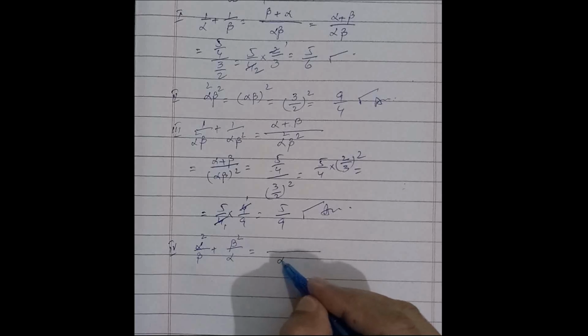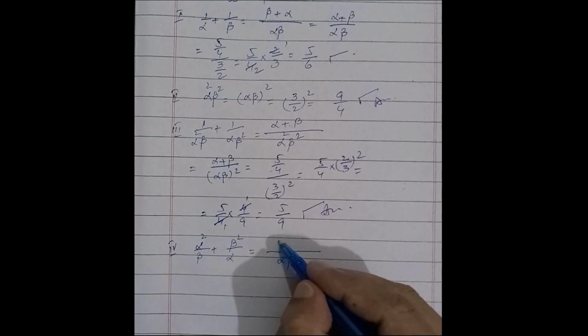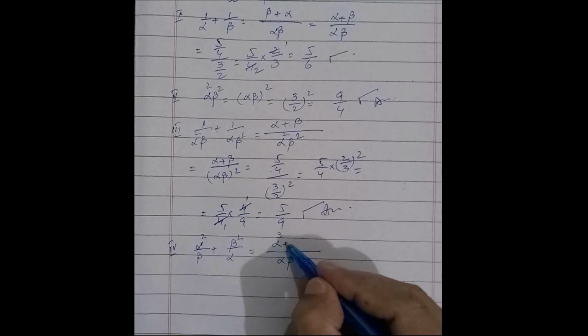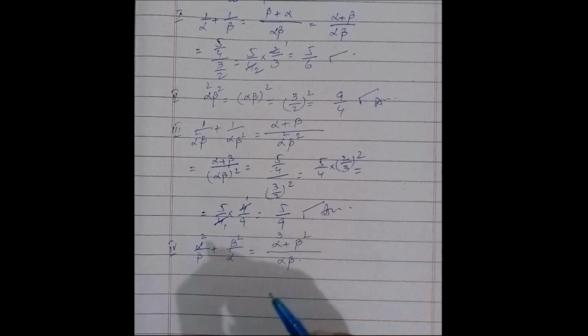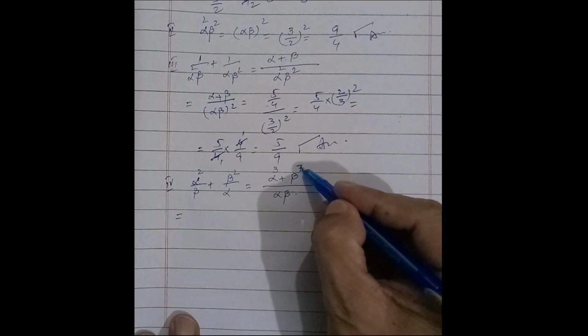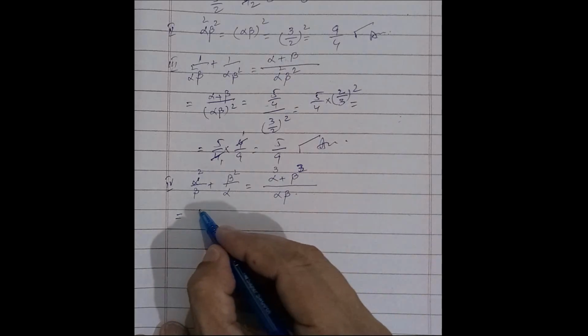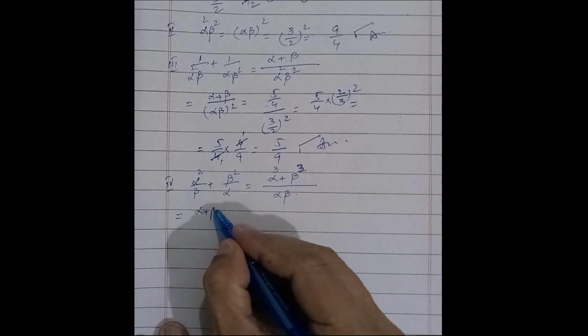First take LCM alpha beta, and the remaining values are alpha cube plus beta cube. Now we convert them into alpha beta and alpha plus beta.